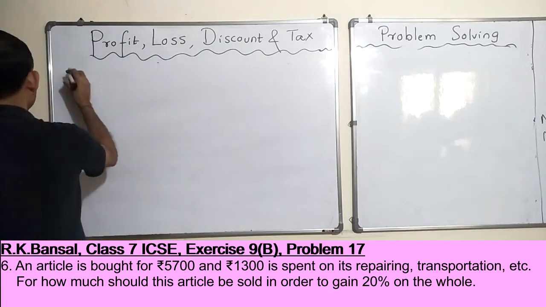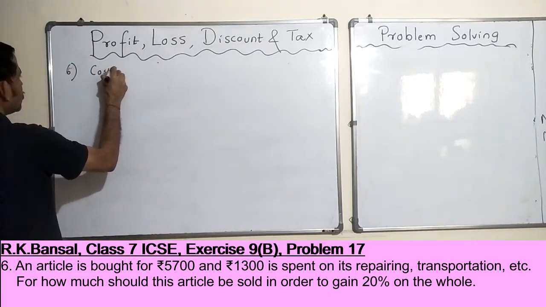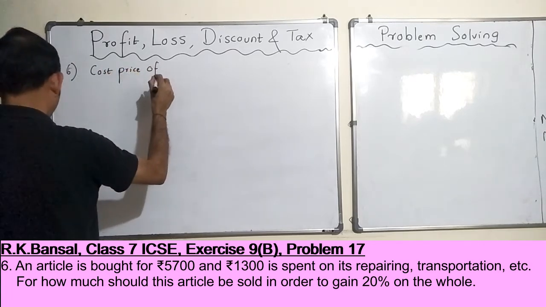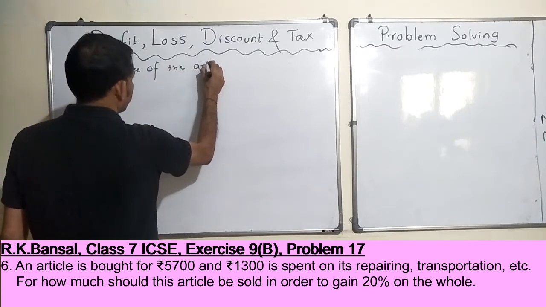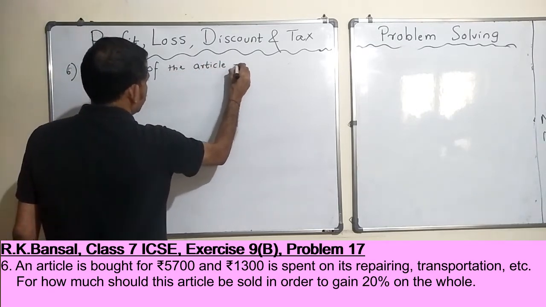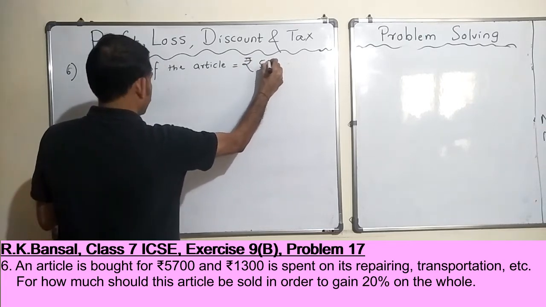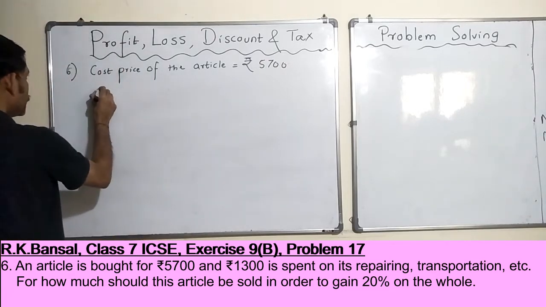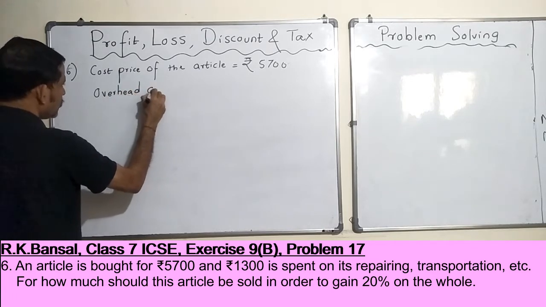Okay, so sixth problem, cost price of the article. Yeah, it is an article. Rupees 5,700. Overhead charges. So what are the overhead charges?